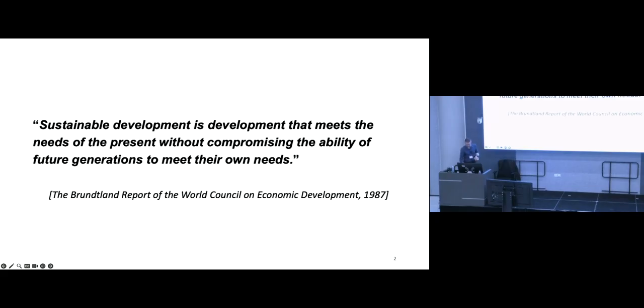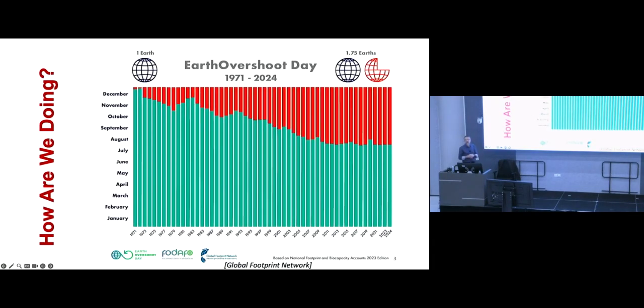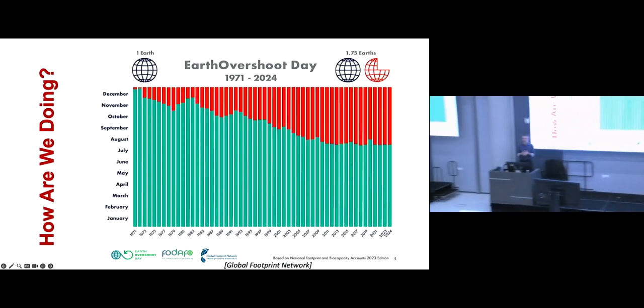So how are we doing? Well, we're not doing great, to be honest. You may have heard about the Earth Overshoot Day. The Earth Overshoot Day is defined as the day at which we, as human beings, have consumed all the resources on Earth that can be reproduced within 1 year of time. In the 1970s, that was around the end of December.